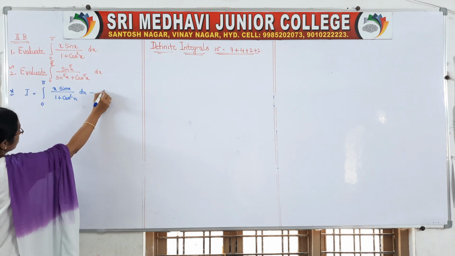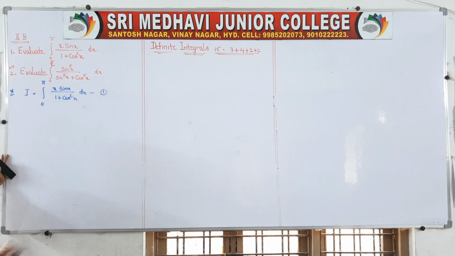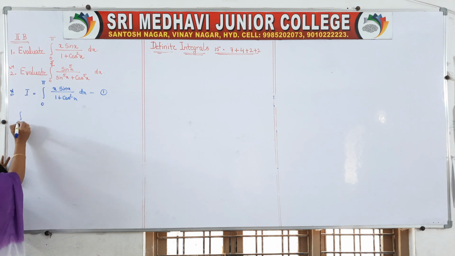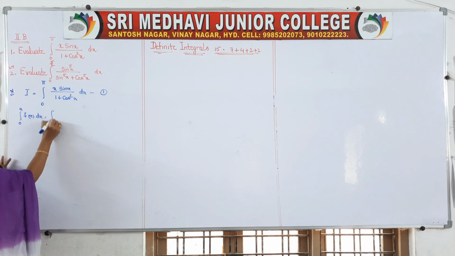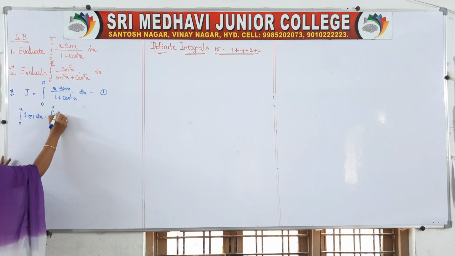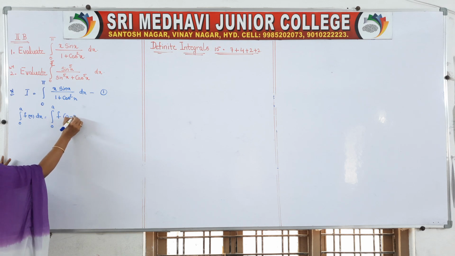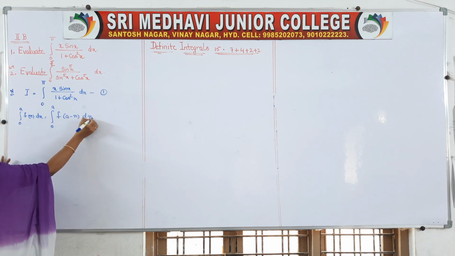So this is our first equation. What is our most repeated formula? Integral 0 to a f of x dx is equal to integral 0 to a f of a minus x dx.